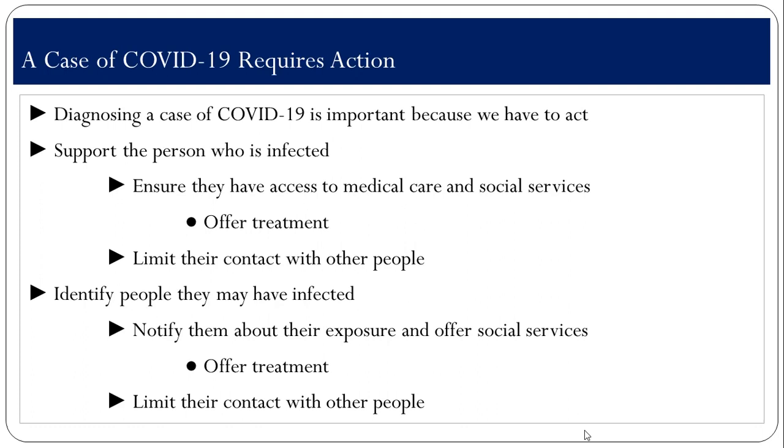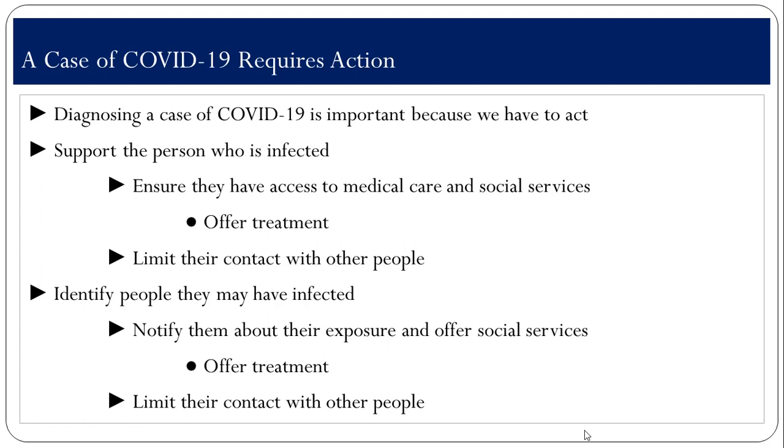Right now, we only have basic supportive treatments available, but one day if we have other treatments or curative treatments, they would need to be identified so they can be offered those curative treatments. We also need to act to be sure that those cases are limiting their contact with other people.